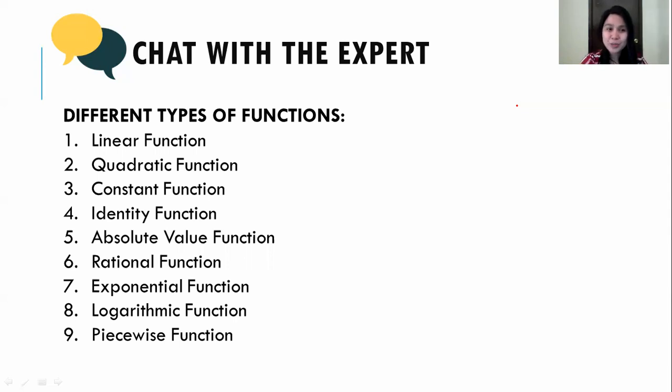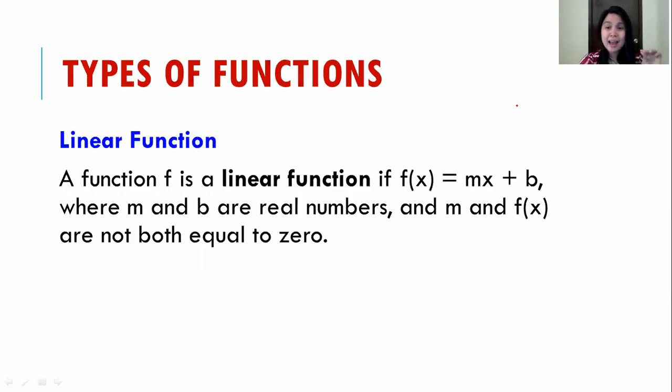Now let's start with the first one, linear function. The keyword is line. A function is a linear function when the highest exponent is 1. Again, the highest exponent for the variable is 1. Let us remember that f of x is just the same as y.